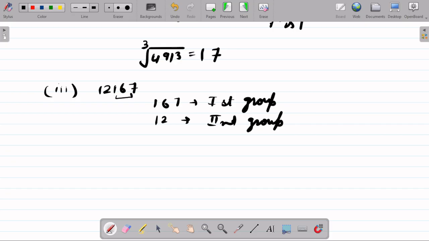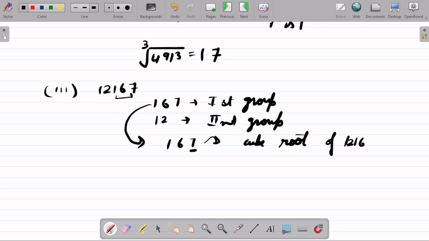In the first group, we are having 7 at unit place. So the cube root of 12167 ends in 3.